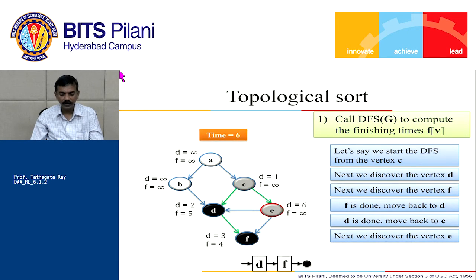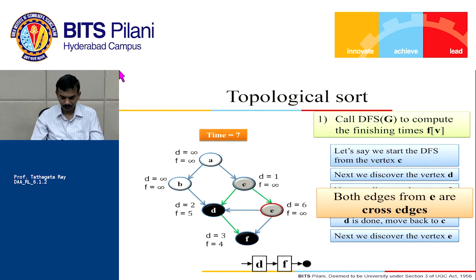So we discover E. The discovery time of E is 6. We increment our time step, it becomes 7, and we ask whether there is a neighbor of E which we have not visited. It so happens that there are none. So the finish time of E will now be 7.